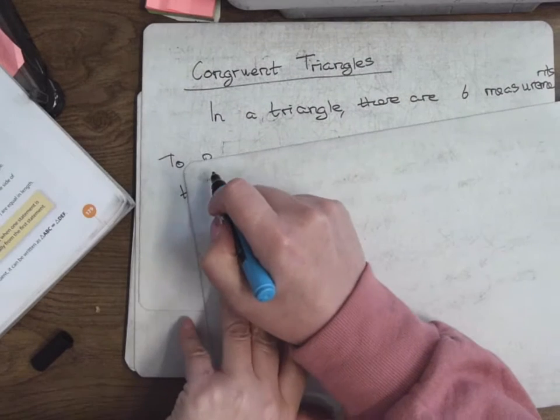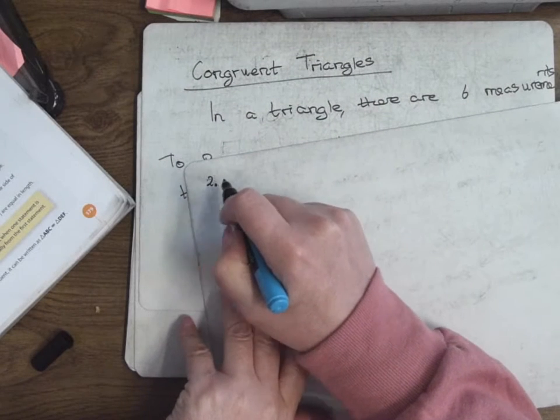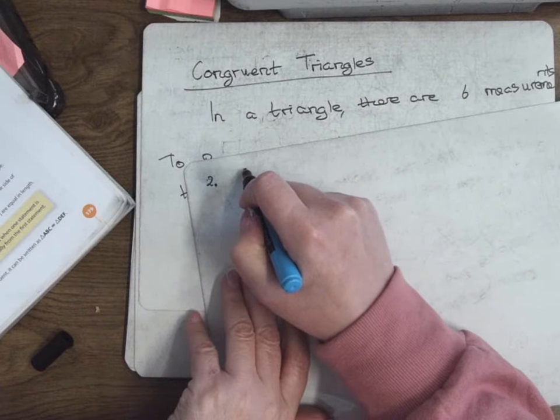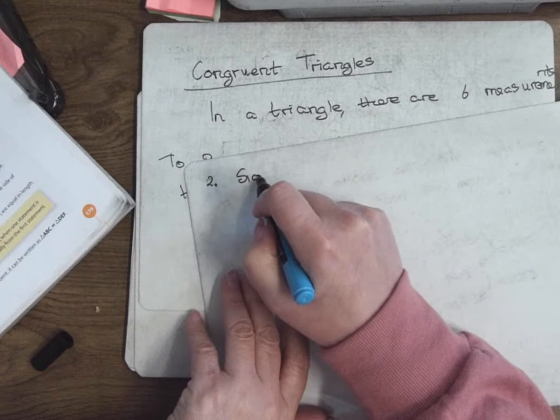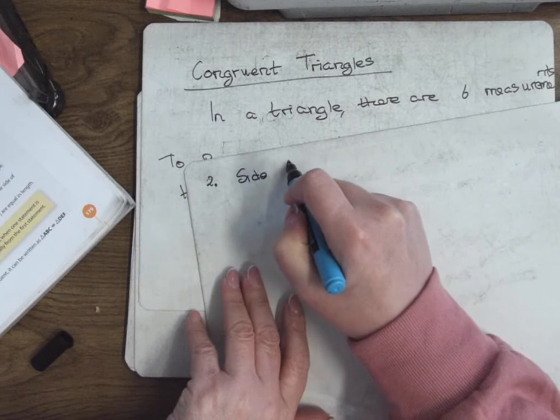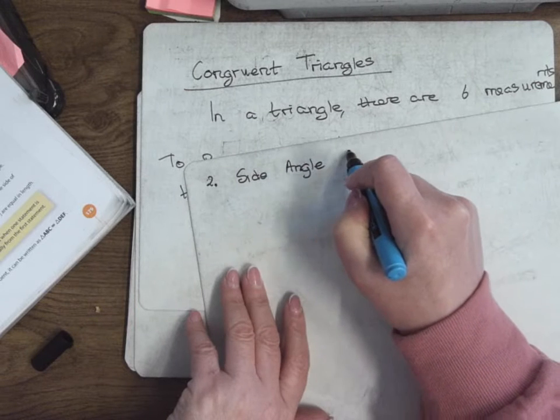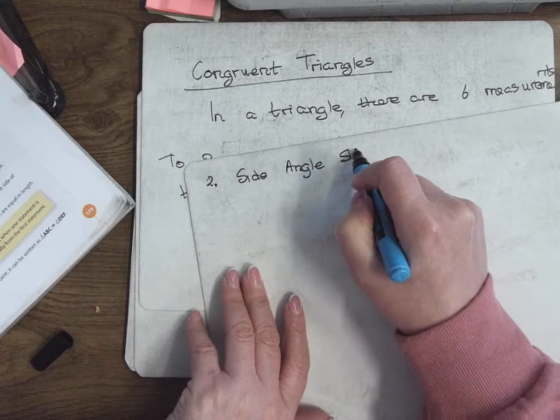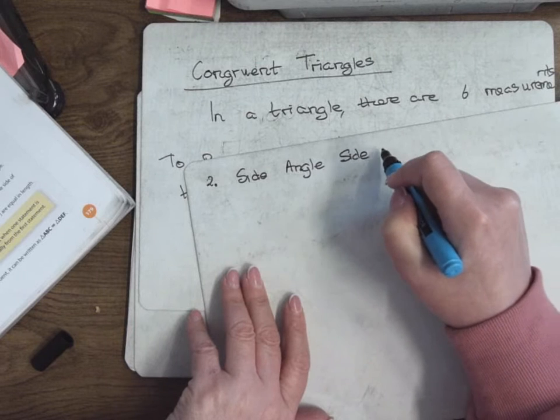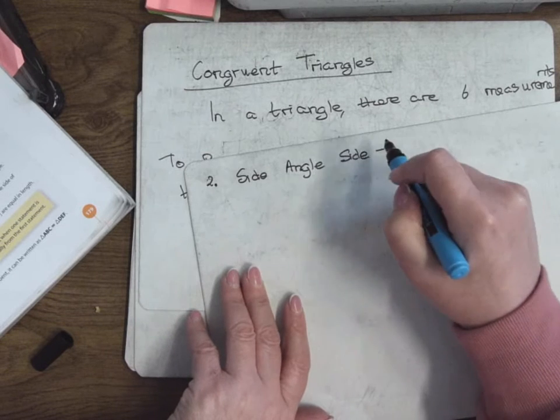Right, the second shortcut is I could do side, angle, side. So what will I call that for short? SAS.